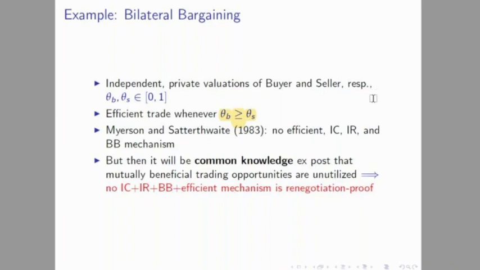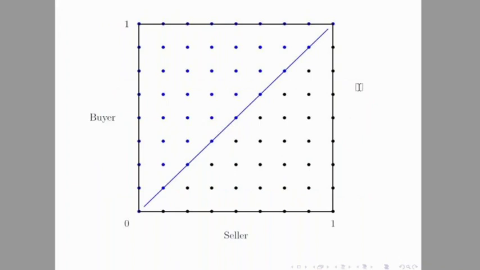However, Myerson and Satterthwaite showed that there is no efficient, incentive compatible, individually rational, and budget balanced mechanism. In other words, to give a graphic interpretation of this result, suppose that we are in this unit square, where the buyer's valuation is on the vertical axis and the seller's valuation is on the horizontal axis.